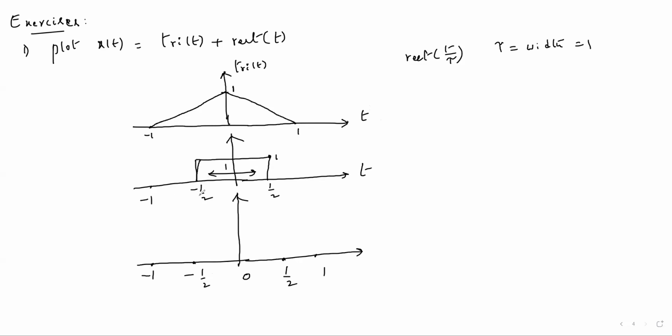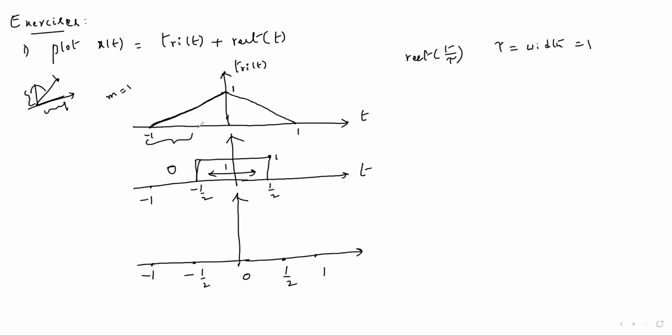From -1 to -1/2, there is only one signal. Here the rectangular signal is 0, only the triangular signal is there. The triangular signal has slope 1. Slope 1 means if x-axis increases by 1, the y-axis again increases by the same 1. That means the amplitude is 1 here.